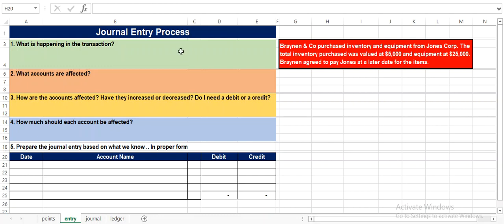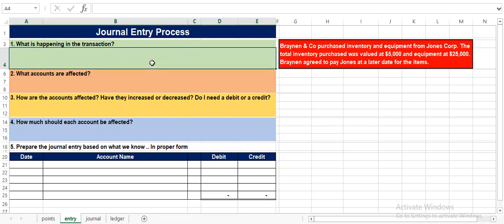So, we can put that here, what's happening. The company is buying inventory and equipment, they will pay later.